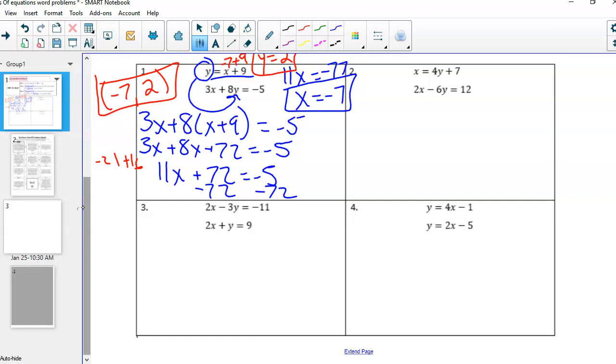No. So that means we need to decide, are we going to solve for x or are we going to solve for y, and which equation do we want to use to do that? So you guys choose. Okay, why did you pick this one? Right. So that's the easiest way to go about doing this. Look for something that's already by itself. Look for a variable that's already by itself in one of the equations. How would we solve this for y?